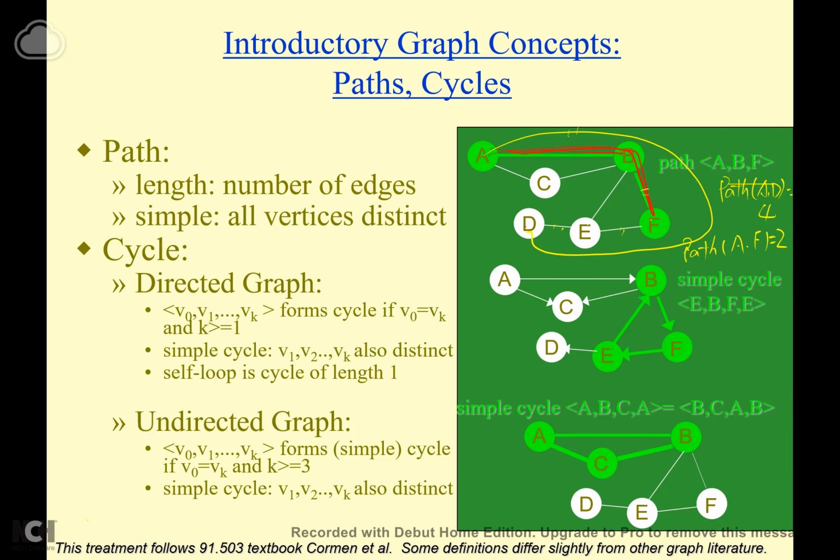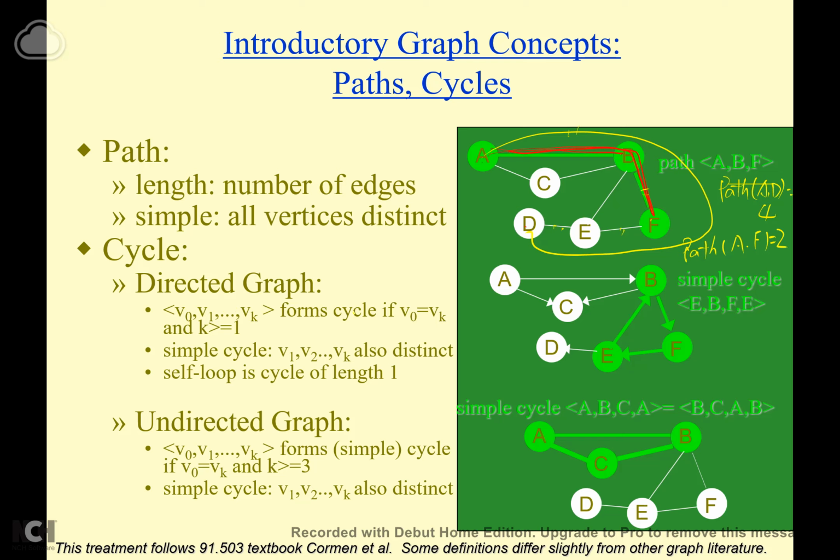Okay, cycle. In a directed graph, the definition of a cycle is very obvious. A cycle is a path that is not simple. V0 goes to V1, and all the way to Vk, right?